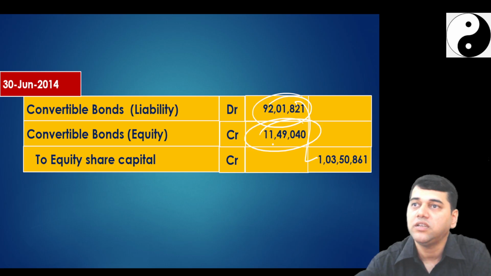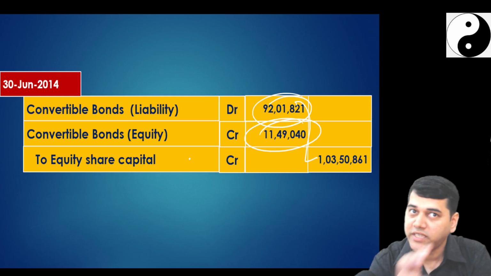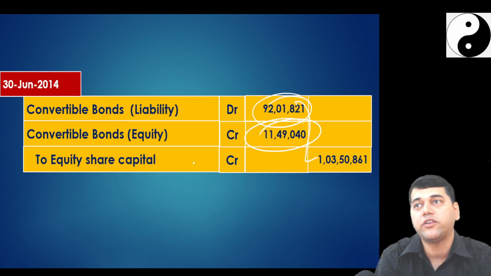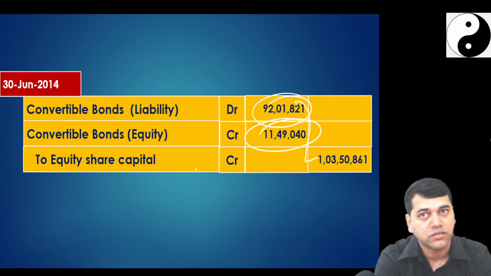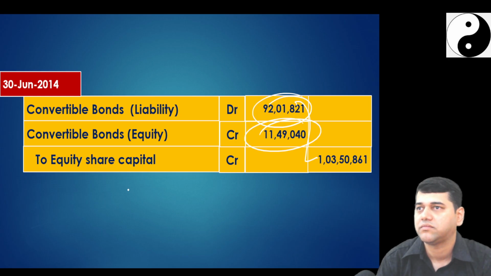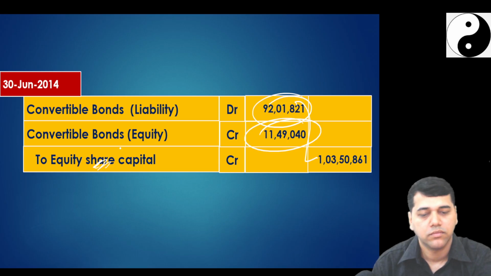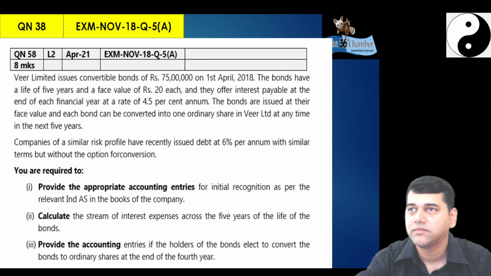Equity portion will remain in equity. In the question, they didn't tell you face value, so you cannot decide. Either you can take an assumption or just say equity capital, finish. Or equity capital, not share, equity capital. Are you clear, students?